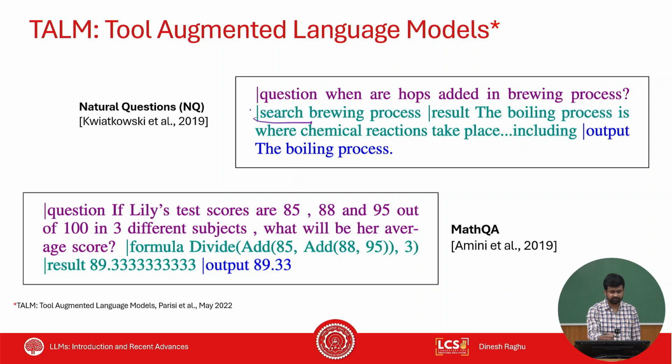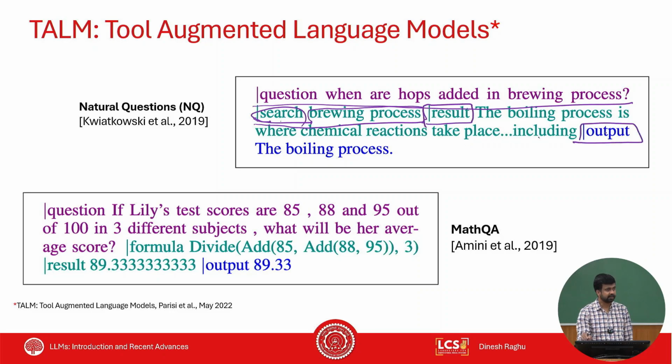So here the way in which they created the data is that you have the question, followed by annotations for what tool to use. Here they use search, and this is the search query, and then you generate this result token. Once you generate the result token, we are supposed to call the web search widget with this query, get the results, put them back, and then add the output token there, and the model starts generating the output, right?